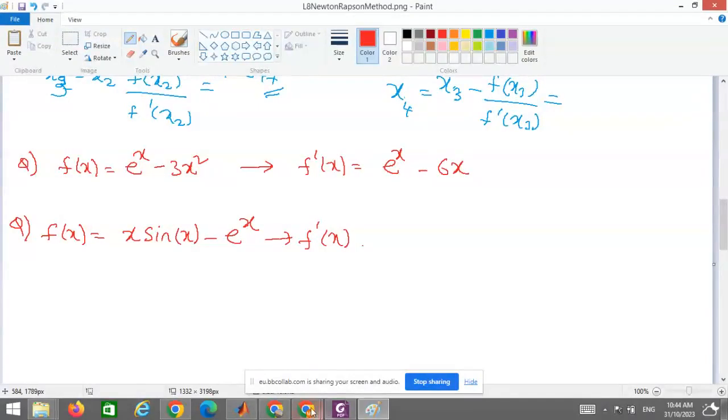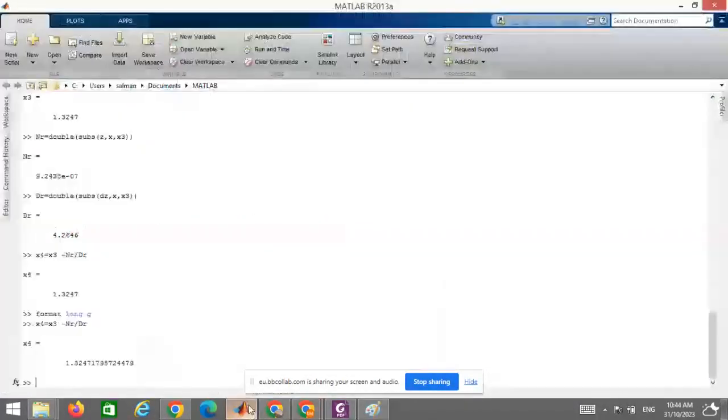Okay, now let us ask our MATLAB to find this. I will call this function f1 and this function f2, so that you know the differentiation of it.